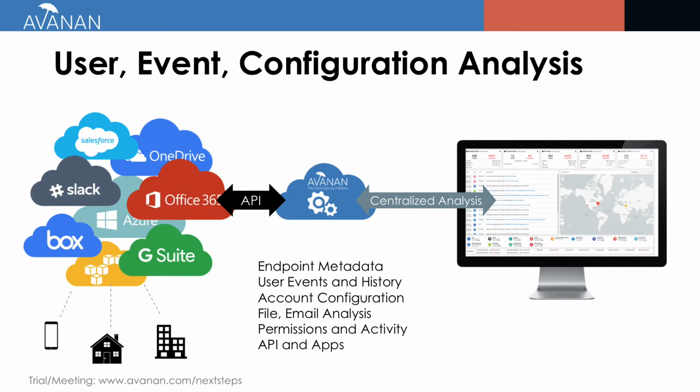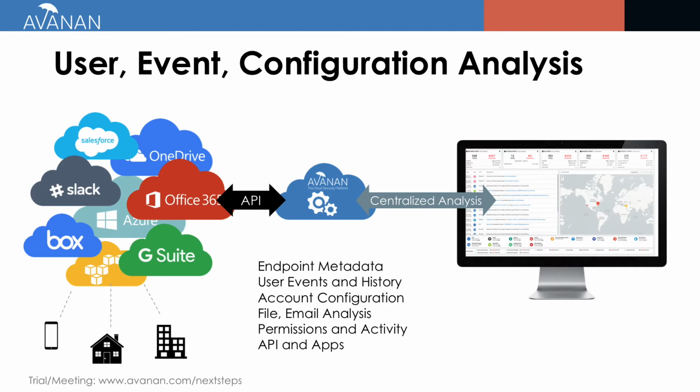What Avanan provides, and why only Avanan can provide it, is full information about all of your cloud. We connect to any of your SaaS or infrastructure as a service tools, and we capture endpoint metadata, user events and history, account configuration. We do file and email analysis using those tools that I described before.